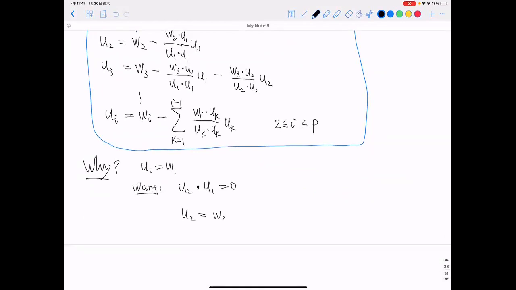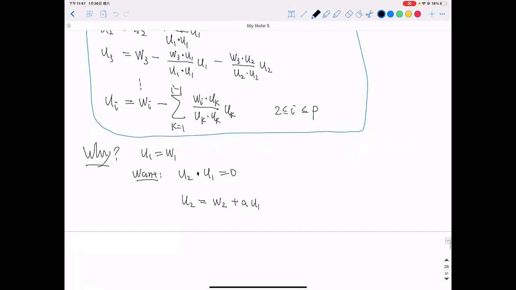right? So again, I start with W2. I would like U2 to be orthogonal to U1, so I want it to be W2 plus some direction along U1, and I want to make that happen.